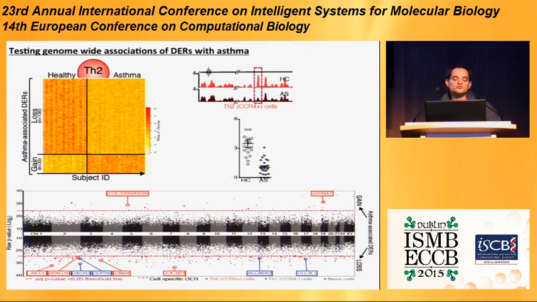We observe no DIRs in the TH1 cells, but we observe a small number, these 160 differentially enriched regions between healthy and asthmatic patients in the TH2 cells. And this plot on the bottom shows us where these DIRs are located, and shows some of the genes that are immediately affected by differential Me2 enrichment between asthmatic and healthy.